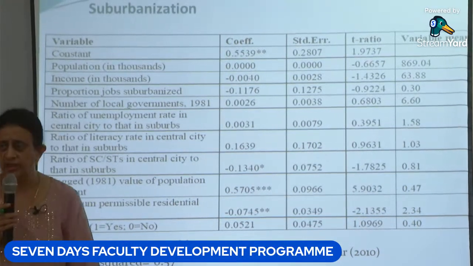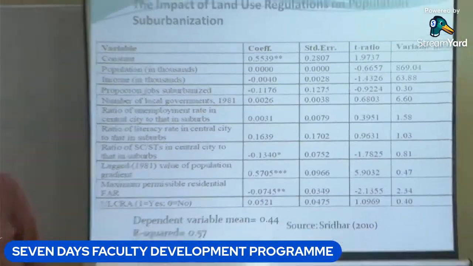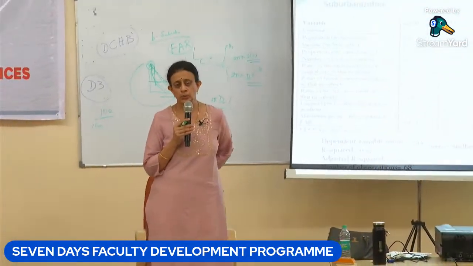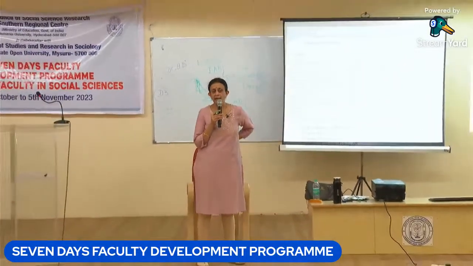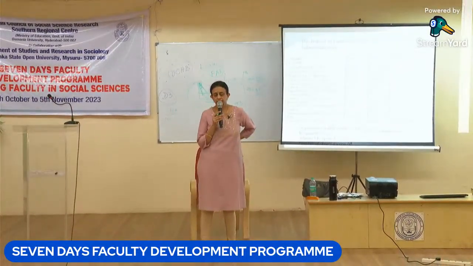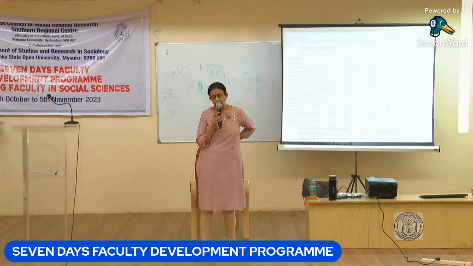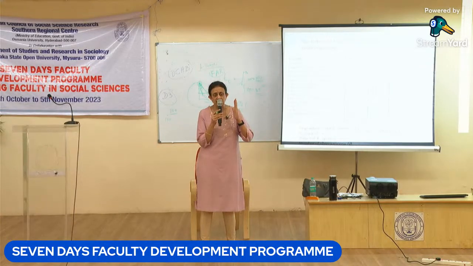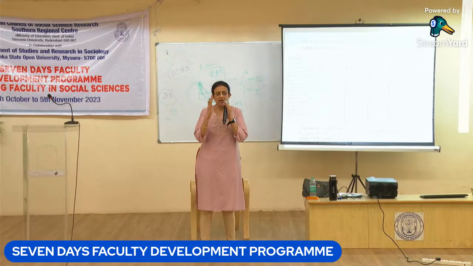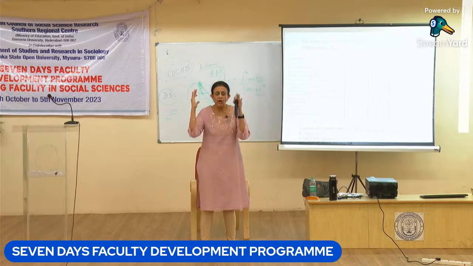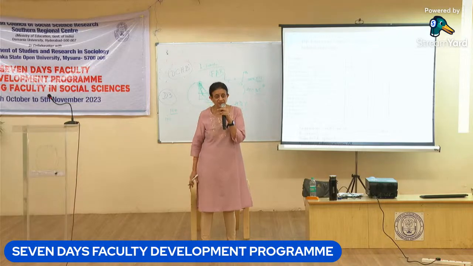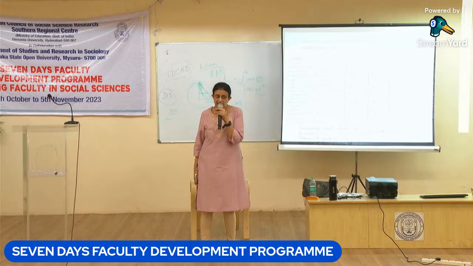So if the FAR is high, the density gradient should be high or low for a city to be compact? If the FAR is high, the assumption is that the city will be compact, centralized. High FAR, compact city, so high density gradient, high value.